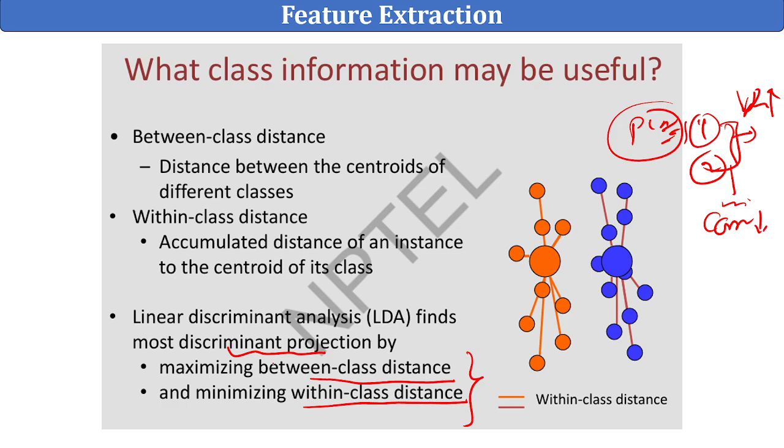But here, within the 2 features, we maximize the between-class distance, like yes and no. They maximize that distance and minimize the yes distance or no distance. So this is the principle of LDA.